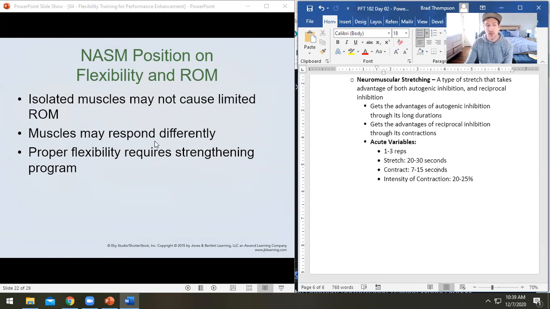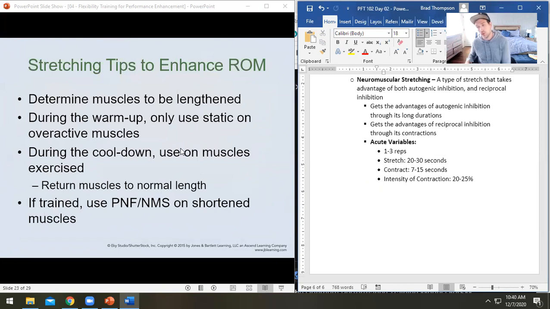Now, NASM's position on flexibility is that isolated muscles don't necessarily always cause a lack of range of motion. So proper flexibility needs to be addressed on both sides of a joint. If I improve my range of motion by, let's say, stretching out my chest, that's fine. But if I'm not pulling my shoulders back by strengthening my shoulder blades to actually keep me in that range of motion, I'm only addressing half the problem.